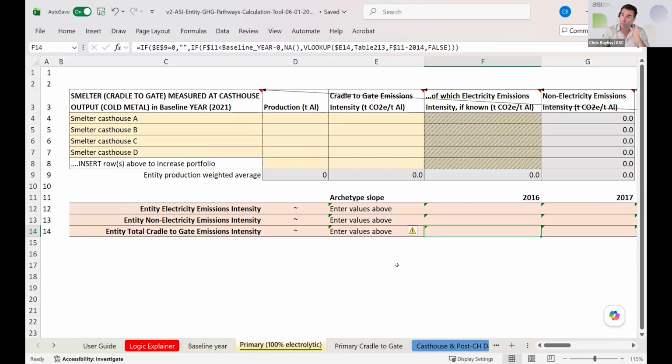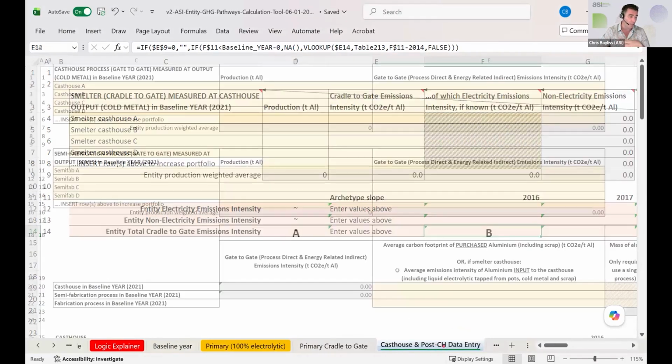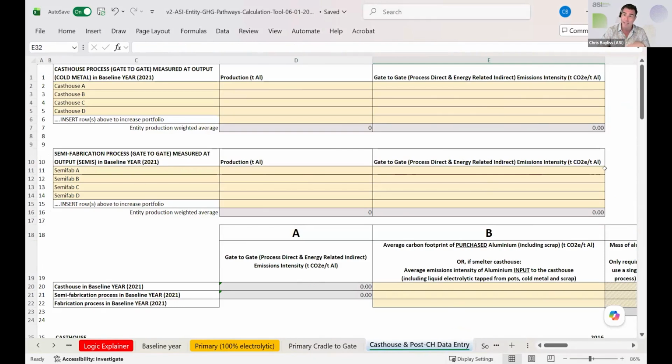If you're a smelter doing primary production, you'll be entering data using this primary tab, 100% electrolytic. If you have any scrap in your system, you will use this blue one, the cast house and post cast house. That's also for the mid and downstream as well. And I'll explore that in a moment.